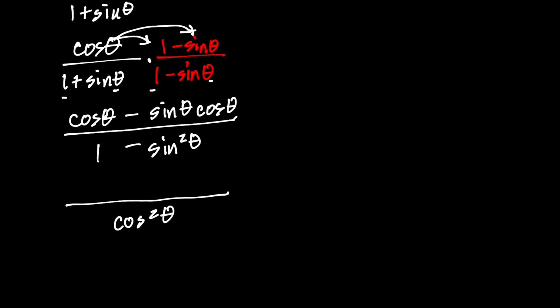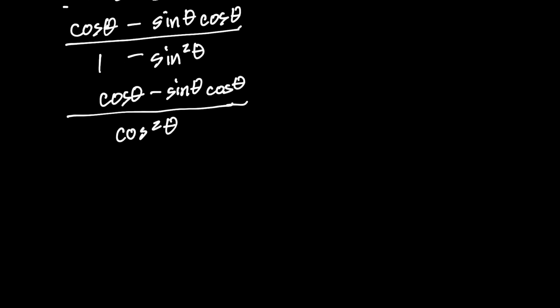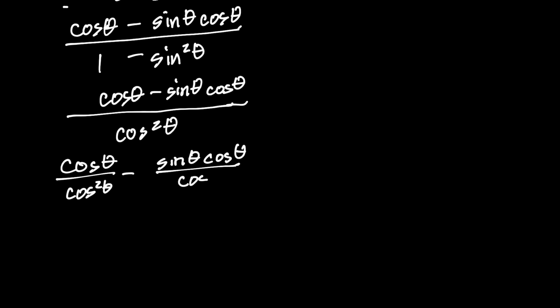And in the numerator, I still have cosine theta minus sine theta cosine theta. So I'm going to do what I did in the previous one. Let's go ahead and decompose this. So cosine theta over cosine squared theta minus sine theta cosine theta over cosine squared theta.